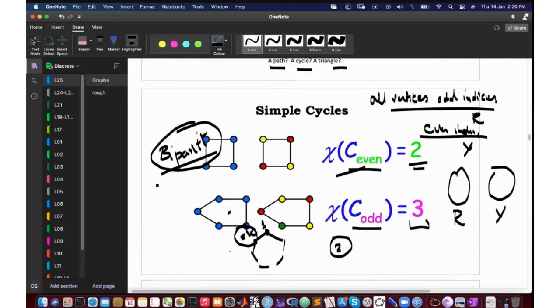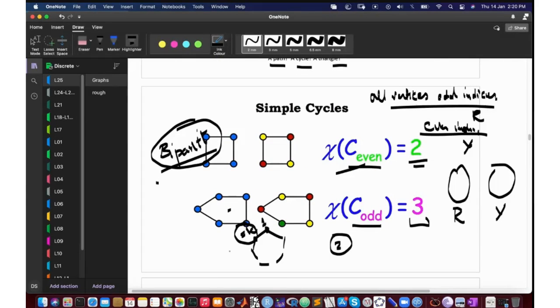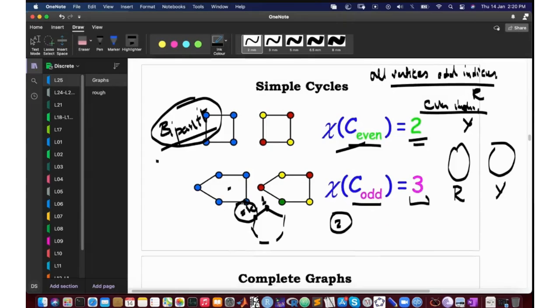Now comes a question before I move on: what sort of graphs are three colorable? For two colorable graphs, we have an absolute characterization: these must be bipartite graphs.